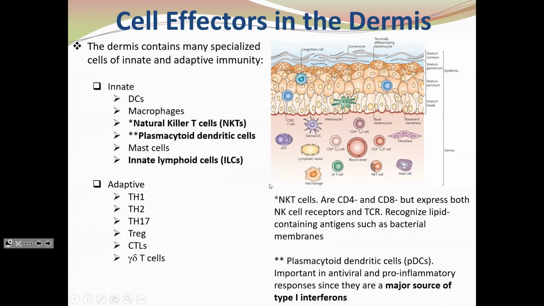Then a subset of conventional professional antigen presenting cells, the dendritic cells. Another subset of these dendritic cells is the so-called plasmacytoid dendritic cells.